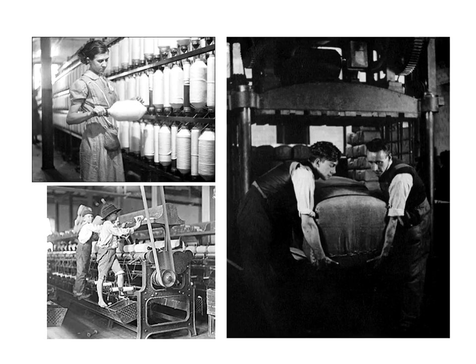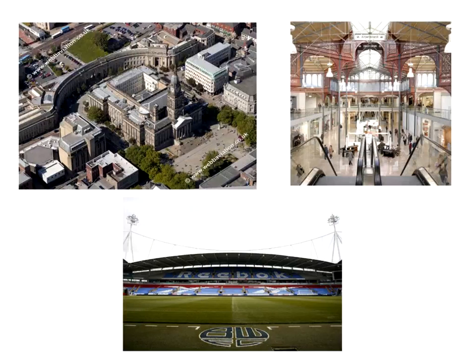These are typical kind of images of the cotton mills that still exist around here, but the ones that still exist have largely been converted into apartments. And I'm very proud of the fact that this guy here on the right is my grandfather. That's my mum's dad when he worked in a cotton mill.